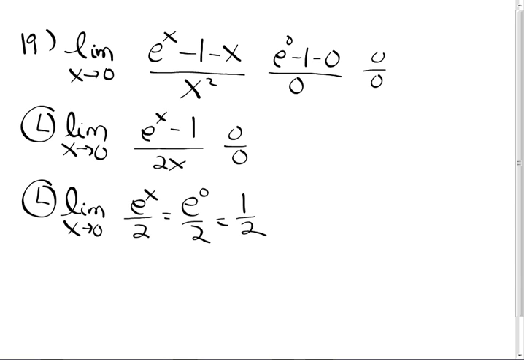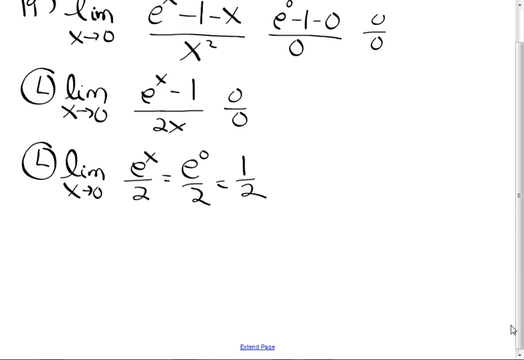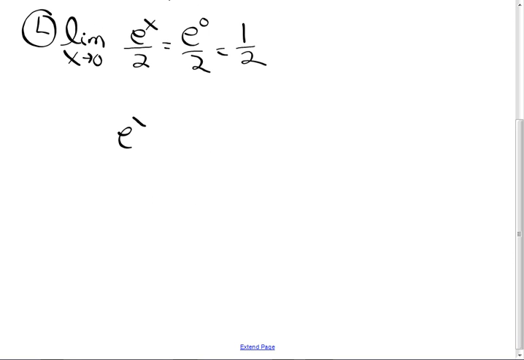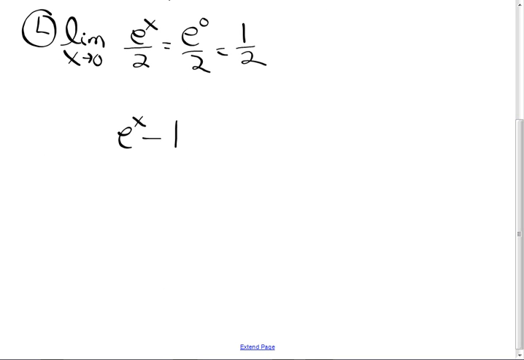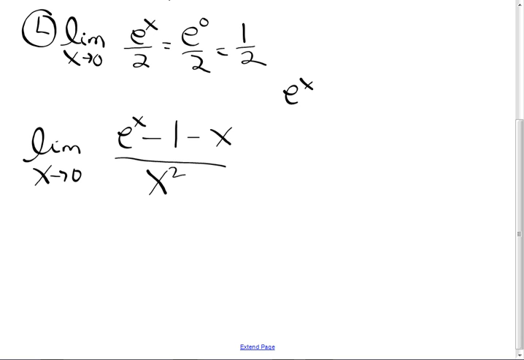Do you guys remember the Taylor series for e to the x? It's e to the x minus 1 minus x over x squared. Okay? What's e to the x?